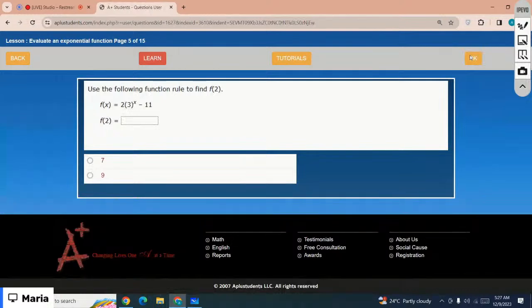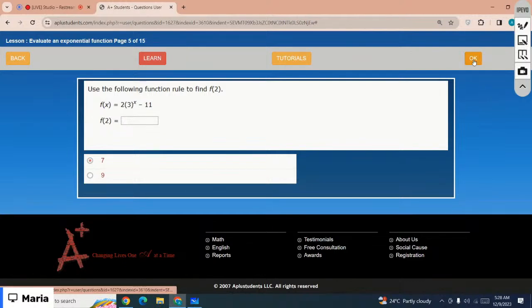Use the following function to find f of 2. So which is the correct option? Three squared is 9, 9 times 2 is 18, and 18 minus 11 is 7.